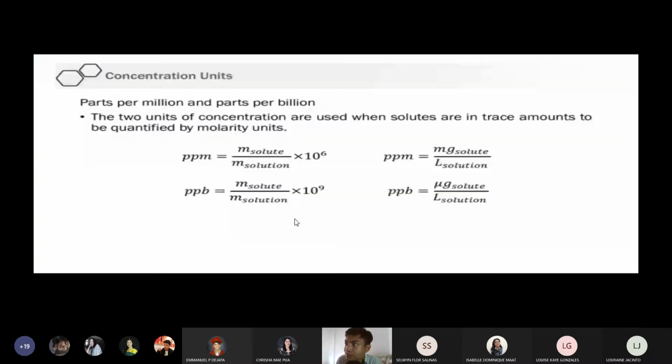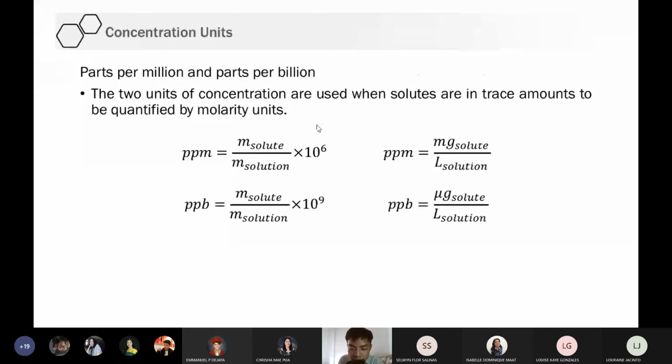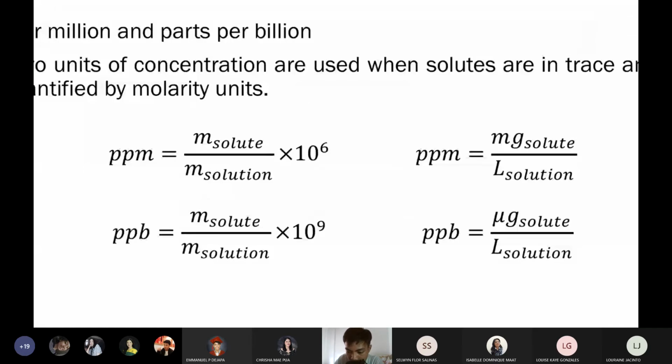Okay? So there are two ways to use ppm and ppb. Pwedeng by mass, okay? Pwede ring mass per volume. So again, two ways yan. Pwedeng mass ng solute over mass ng solution. Pwedeng mass ng solute over liters of solution. Okay?